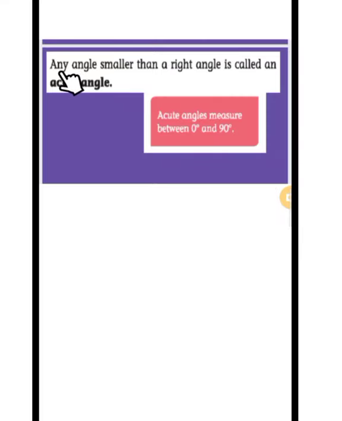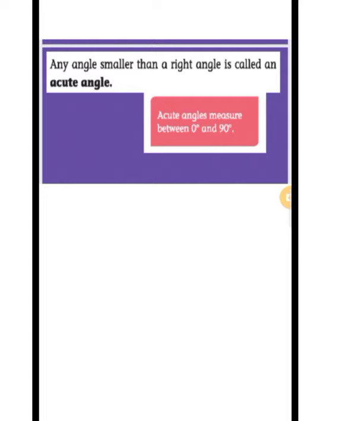See here, any angle smaller than a right angle is called an acute angle. So you all know what a right angle is. It measures 90 degree. If it is lesser than a right angle, it is called an acute angle. Acute angles measure between 0 degree and 90 degree.